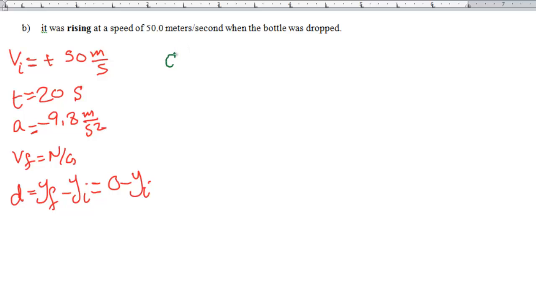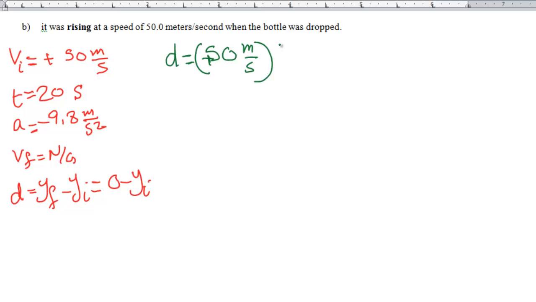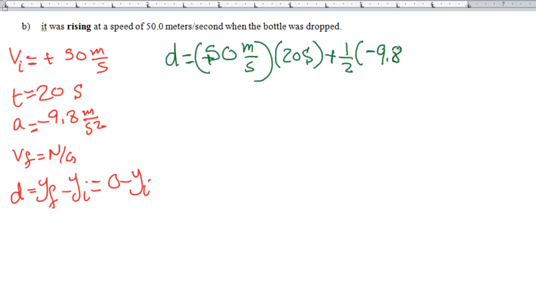This displacement is equal to V initial, which is positive 50 now, it's not 0 anymore, times the time, which is 20 seconds, plus 1/2 a t squared, so plus 1/2 times the acceleration, which is negative 9.8 meter per second square, times t squared, which is 20 seconds all squared.